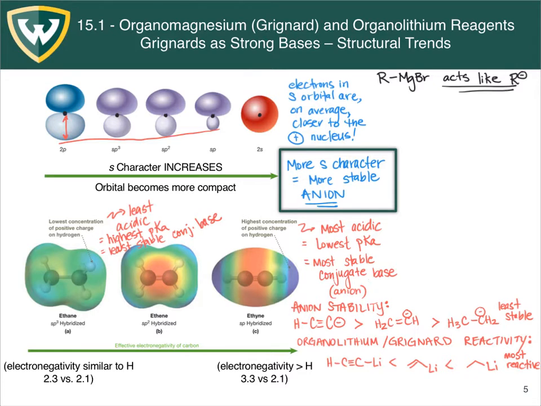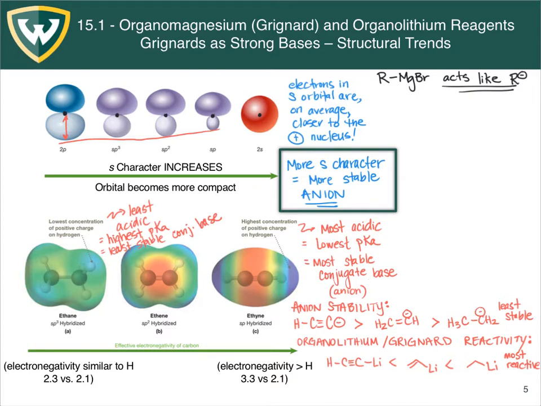To take these concepts and join them together, overall we can think about reactivity and basicity of Grignards and organolithiums by considering the anion stability. An sp anion is going to be much more stable than an sp2 anion, which is going to be much more stable than an sp3 anion.